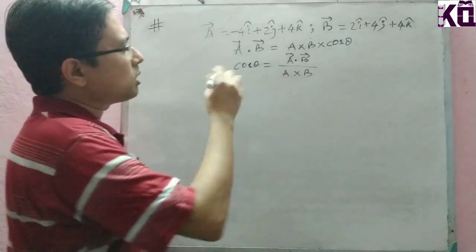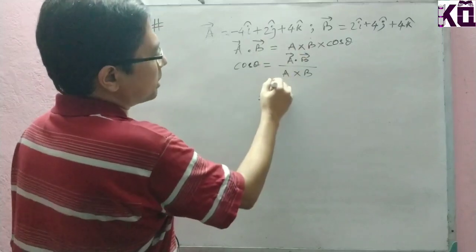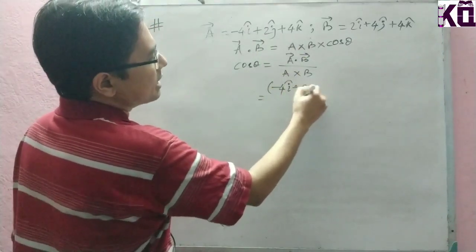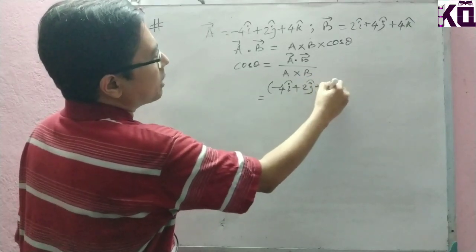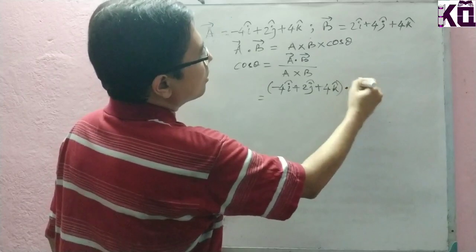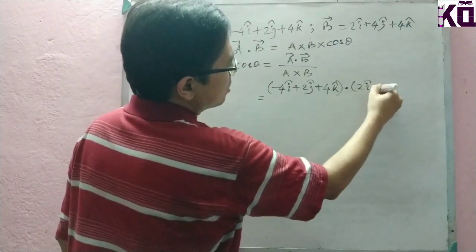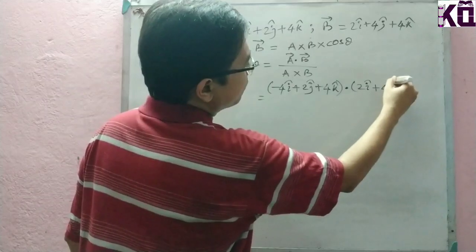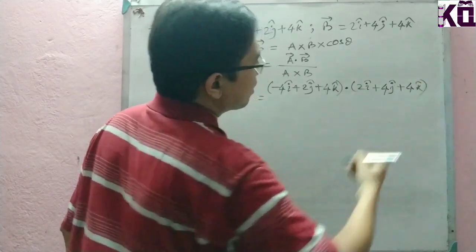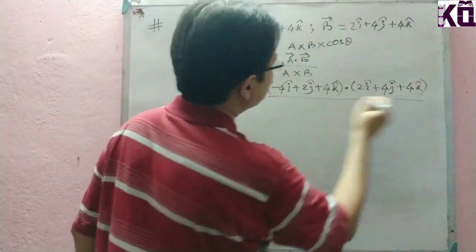So now come to the part. First, A dot B means we just write minus 4i plus 2j plus 4k, then dot. We have done this earlier in part 1, or most probably part 2, of the lecture series on vector and scalar. You may consult that one.